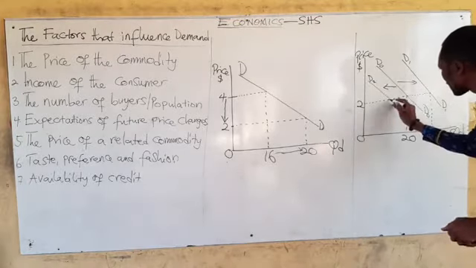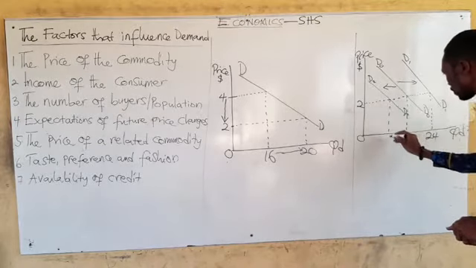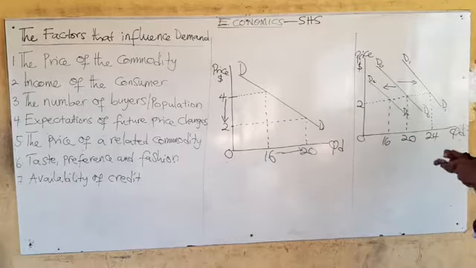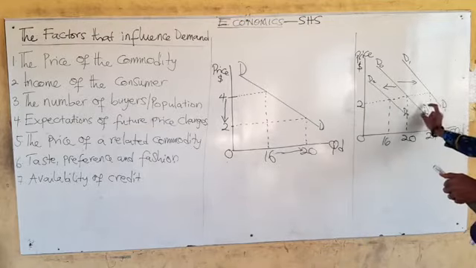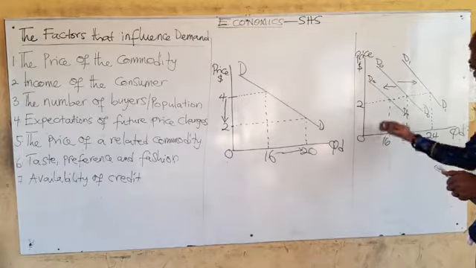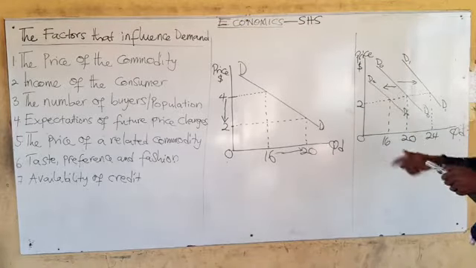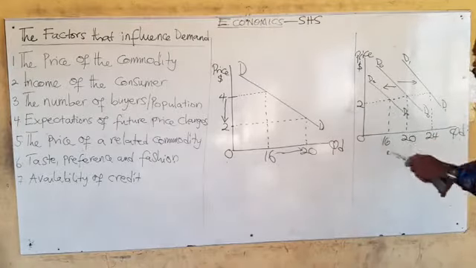And then you locate this straight point, the point where this straight line is touching it. So you draw it down, and you can write 16 over here. What does it tell you? It tells us that when your income falls, your demand will decrease from 20 to 16. And that can be better shown by the shift in the demand curve from D0 to D2.